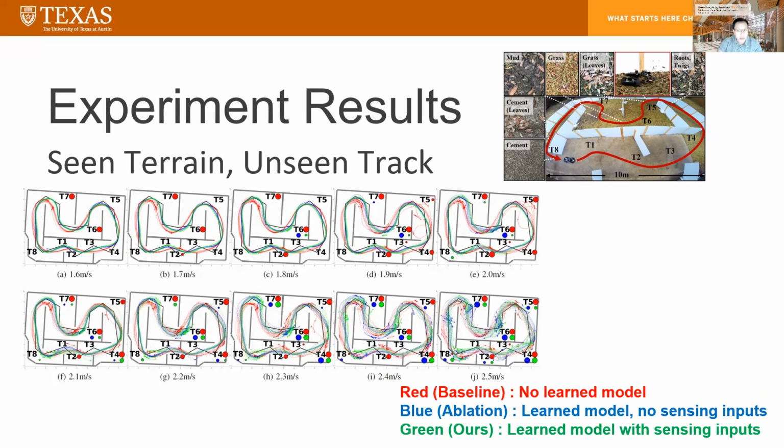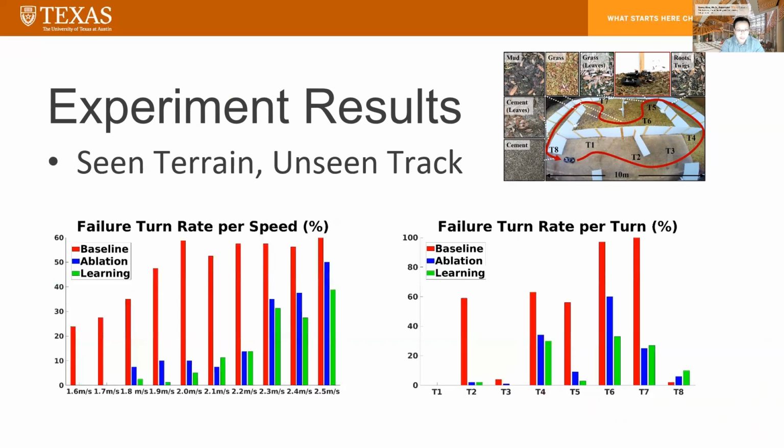So this means our method, the green method, has the highest success rate when driving at different speeds compared to the ablation model and also to the baseline model. Going a little bit more quantitatively, we plot the actual failure turn rate per speed and the actual failure turn rate per turn, on the left and on the right.